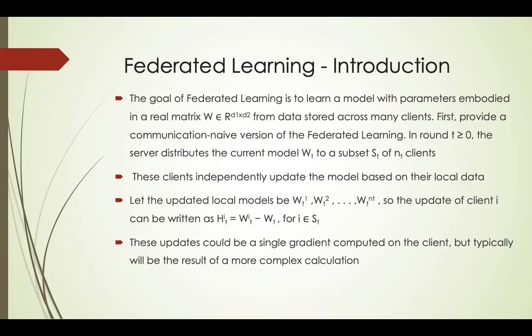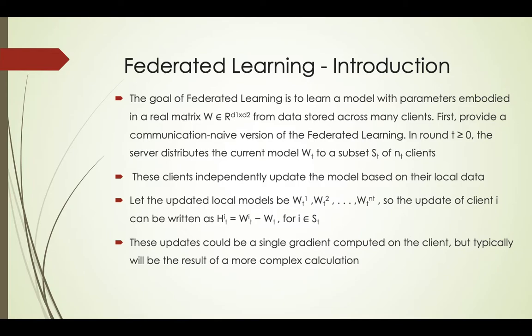The goal of federated learning is to learn a model with parameters embodied in a real matrix W that belongs to R, which is two dimensions, from data stored across many clients. First, provide a communication naive version of the federated learning in round t, which is greater or equal to 0.